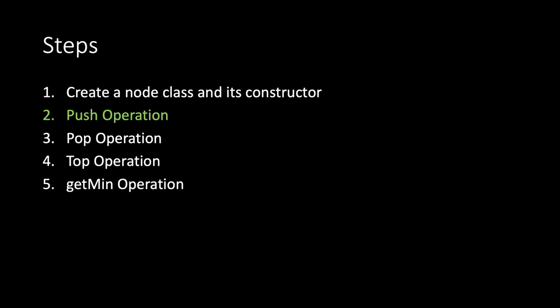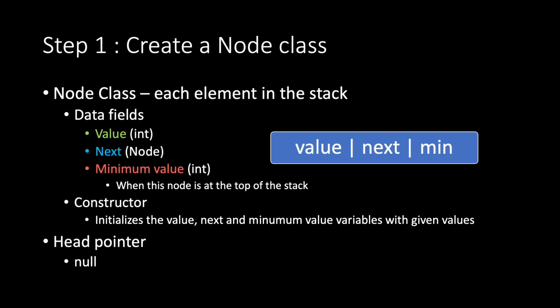So for this problem, there are 5 steps, but we're mainly going to focus on 1 and 2. First, we're going to create a node class and its constructor. And then we're gonna make the push operation, and the pop, top, and getMin operations are going to be really simple.